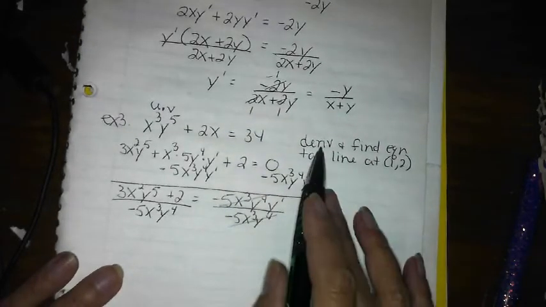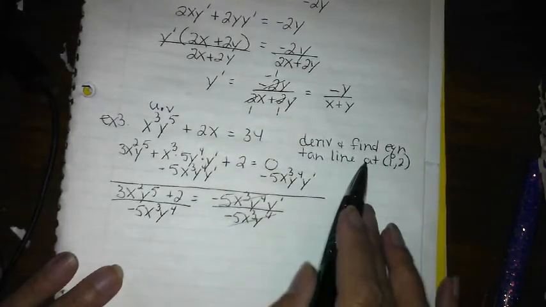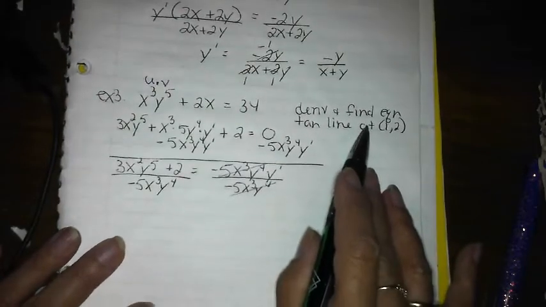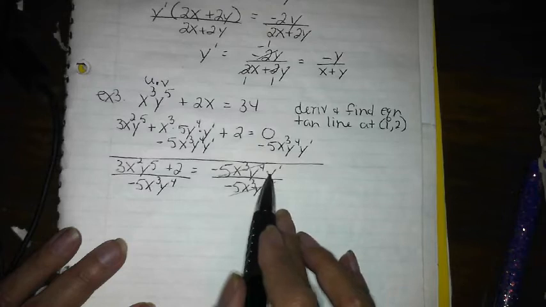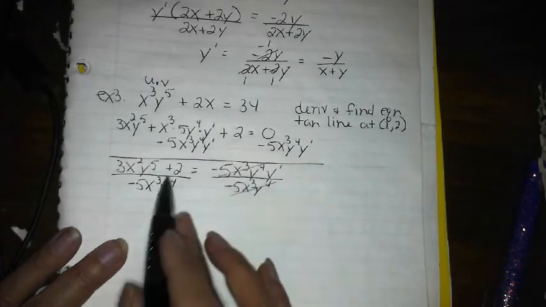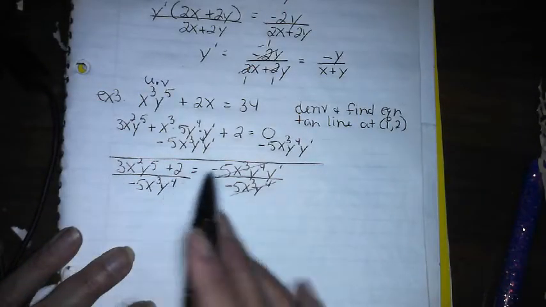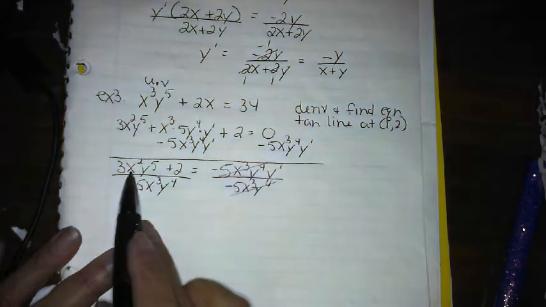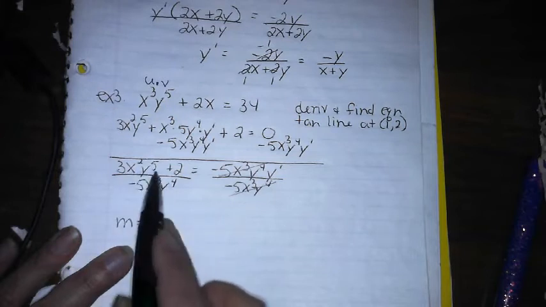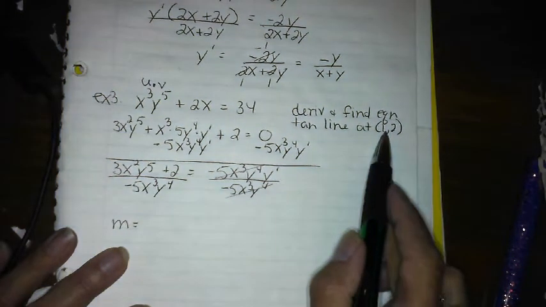Now, the derivative is done. We want the equation of the tangent line. So, equation of a line requires slope. Remember, slope is the derivative value. So, I need to plug into this derivative to see what the slope is. This time my derivative has to have x and y substituted in, but lucky for us, they gave us x and y.